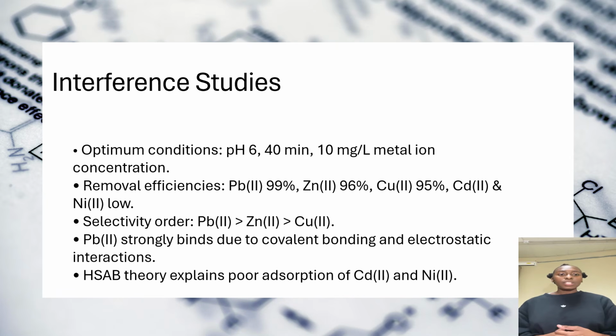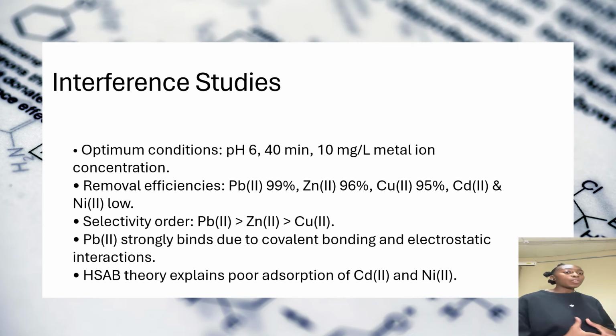The high selectivity for lead-2 is explained by the covalent bonding between the lead-2 cation and the nitrogen atoms of HPEI, supported by ion exchange and electrostatic interactions. According to the hard and soft acids and bases HSAB theory, cadmium is a soft acid and nickel is a borderline acid, and they interact weakly, while lead-2, zinc-2, and copper-2, being borderline acids, bind more effectively.